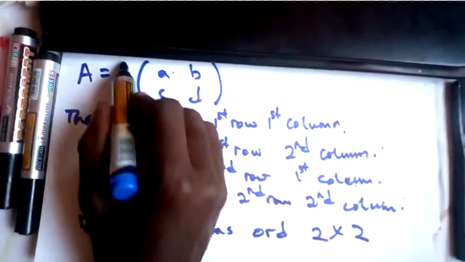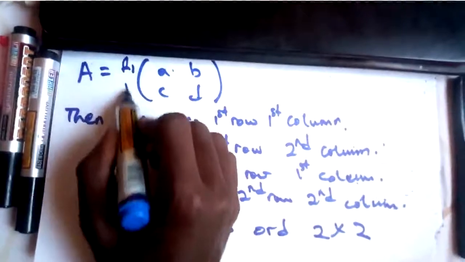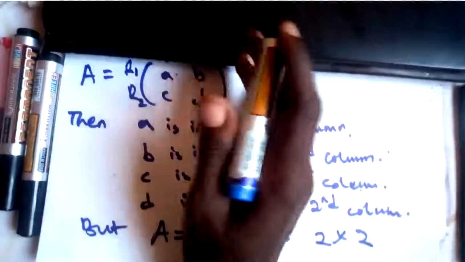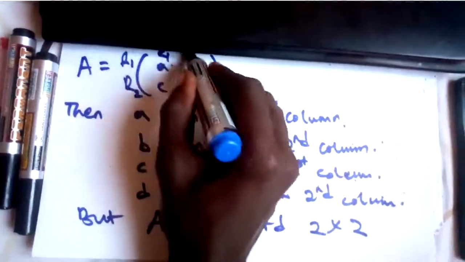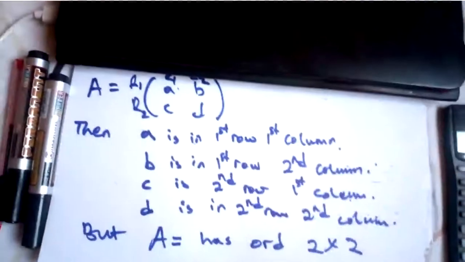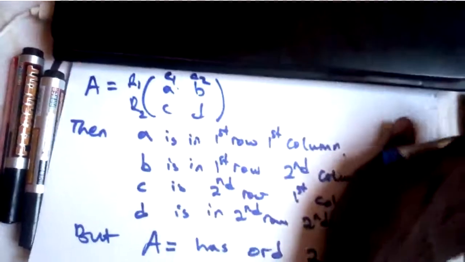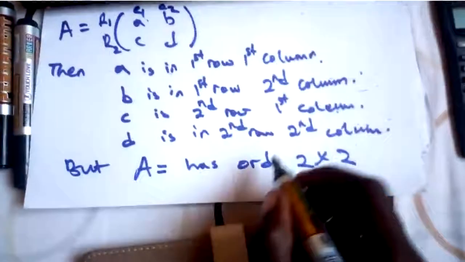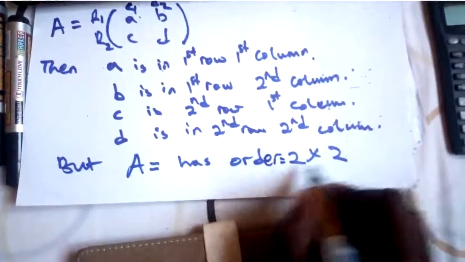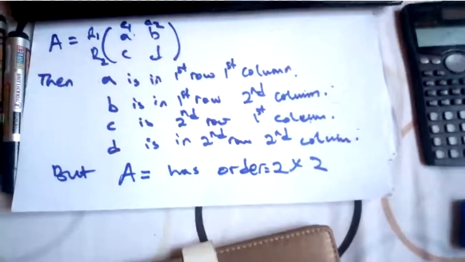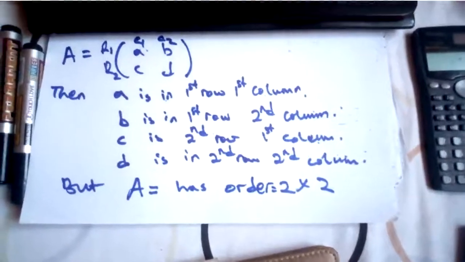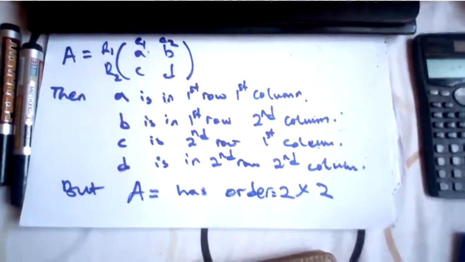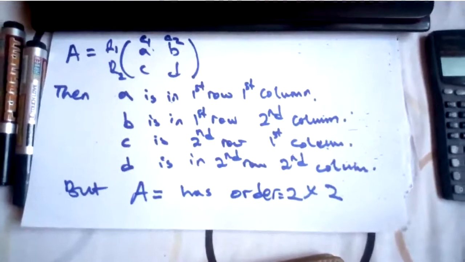If I count the rows and columns, it has order 2 by 2. Hope that one is also clear for each one of us.